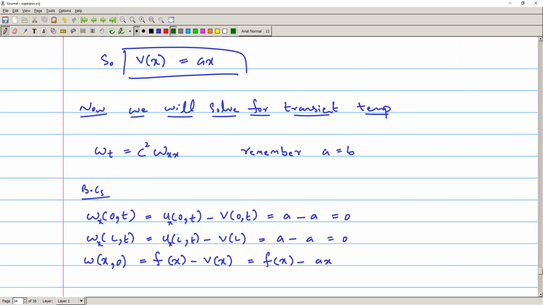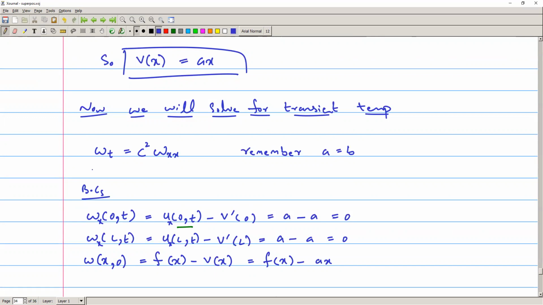So we are given this Ux of 0 comma t. We found V prime of 0 comma t. This is V prime of 0 and this is V prime of L, right?